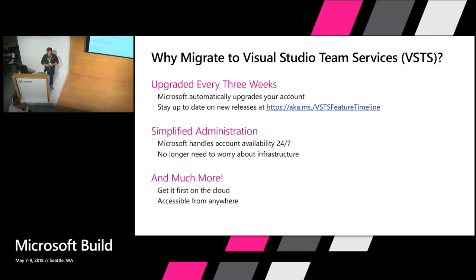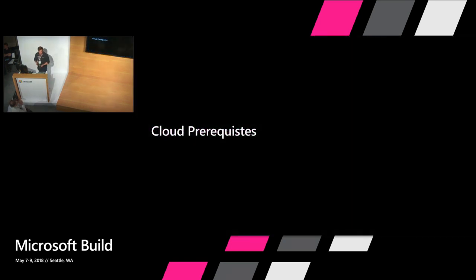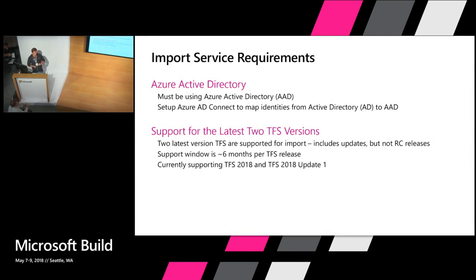Speaking of installing, you're maintaining your own hardware. You're paying someone, whether it's an employee or a contractor, to probably manage the uptime for your TFS instance and those upgrades. So by moving to VSTS, we often see customers seeing a significant cost reduction. So moving to VSTS gets you features now, it gets you Microsoft handling the uptime, and it's going to save you money.